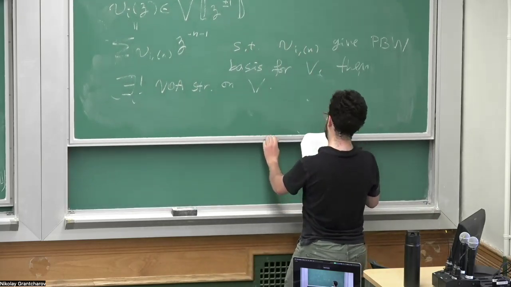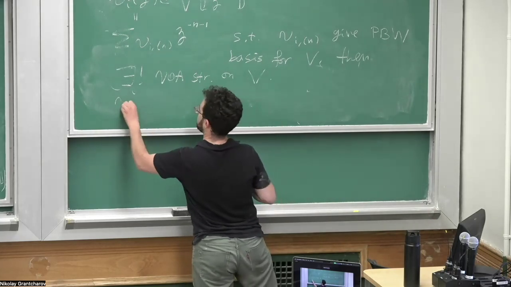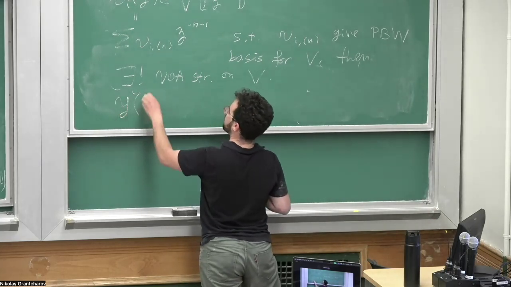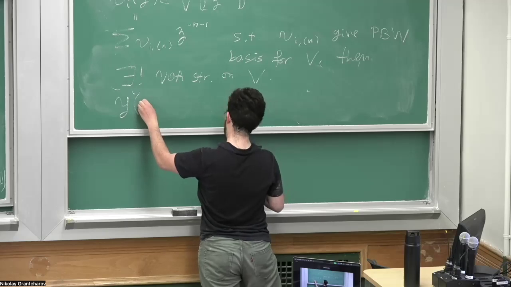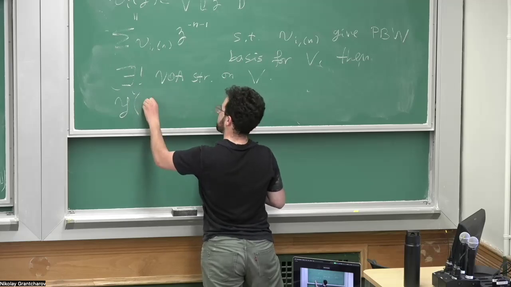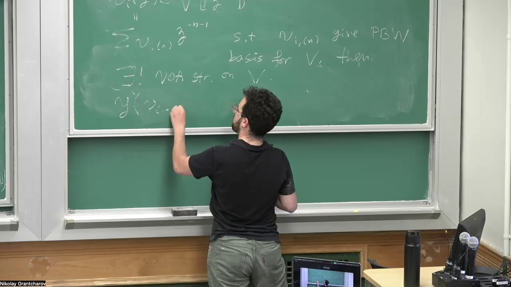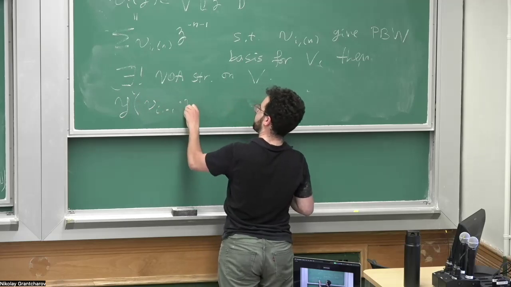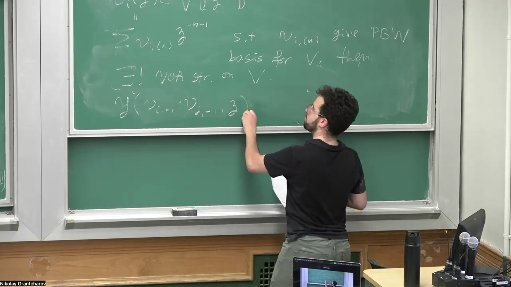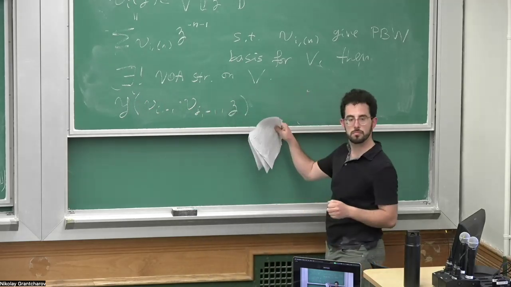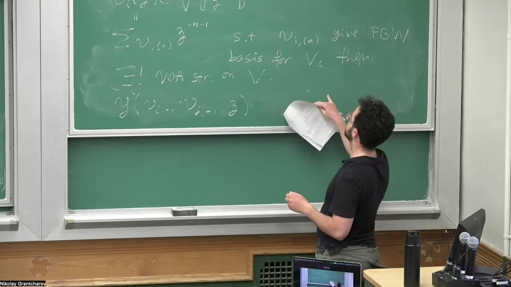So for example, how this extension works: we already have the fields corresponding to vectors V_i. Now what happens if I have V_i at minus 1 and V_j at minus 1, applied to the vacuum?